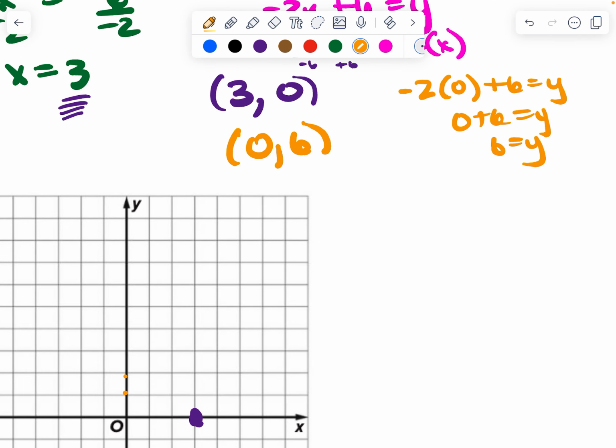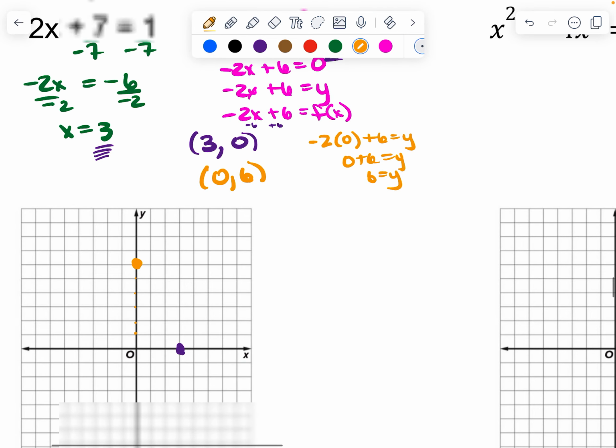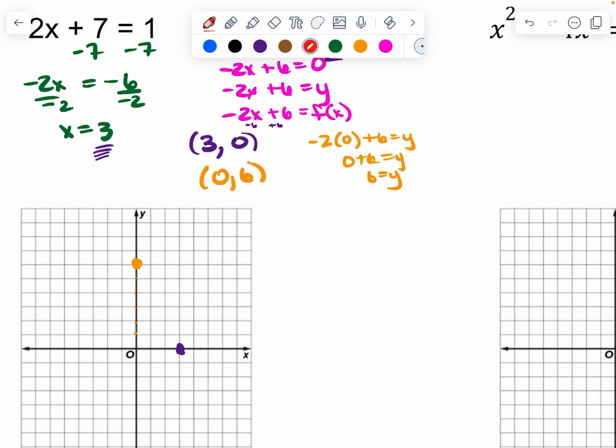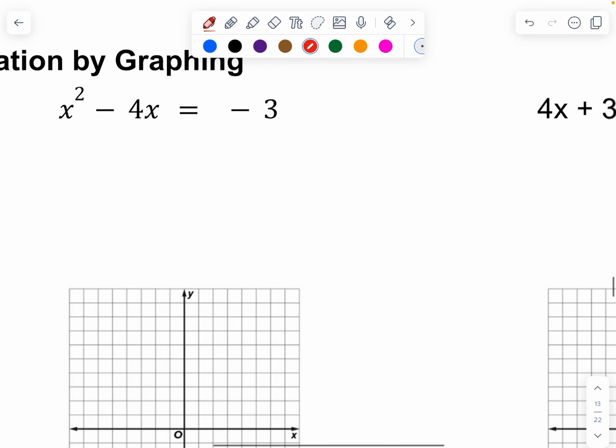So 1, 2, 3, 4, 5, 6 right here. I don't know, that's a horrible line. There we go. But my solution to this is right here. My solution to this is the point 3, 0. This one right here.